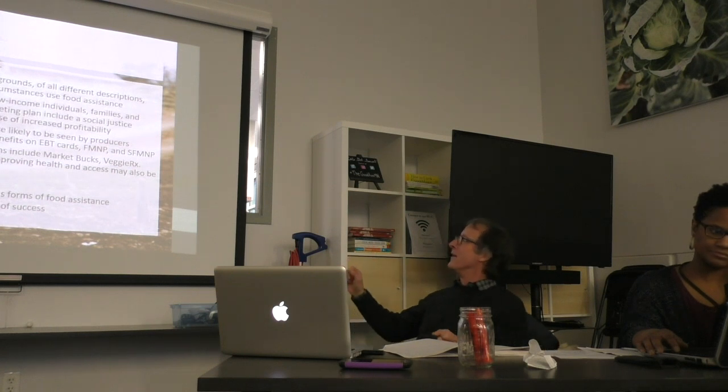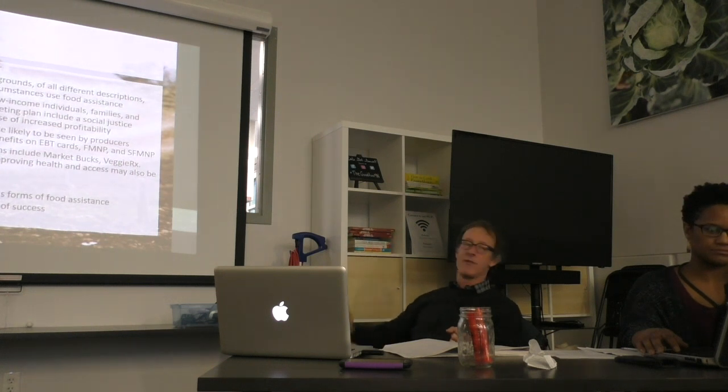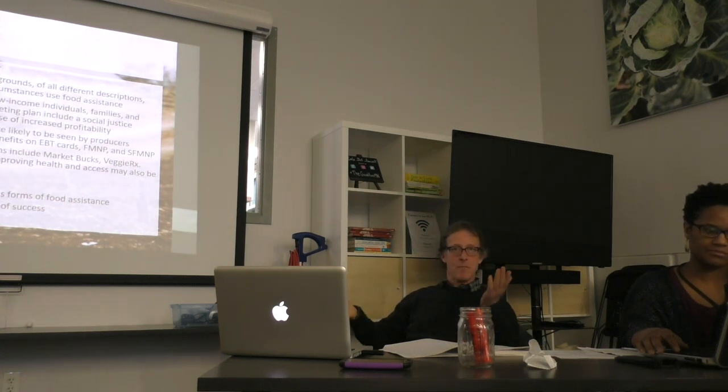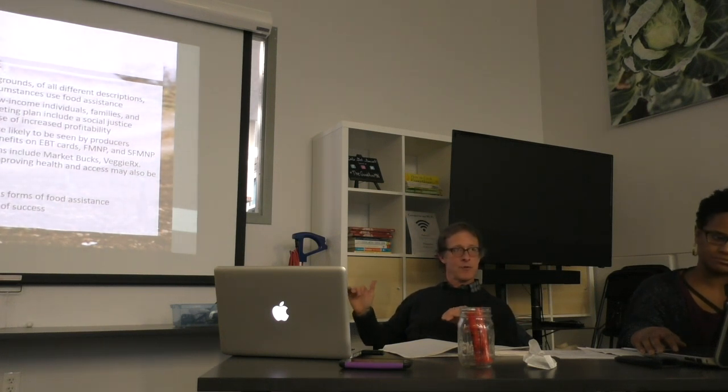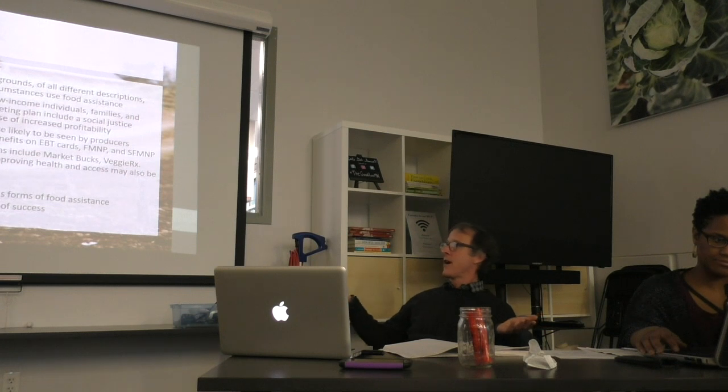Then please jump in. But I hope that we learned that people from diverse backgrounds, all different descriptions, and living in various circumstances use food assistance. We talked about there being two components, two sides of the coin, for reasons to think about fitting low-income communities and consumers into your marketing plan. The one having to do with some of those social justice issues, and the other having to do with it being potentially a really good marketing opportunity.